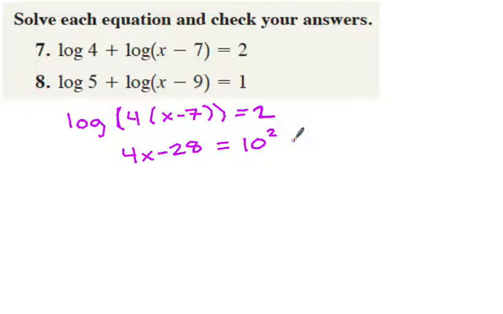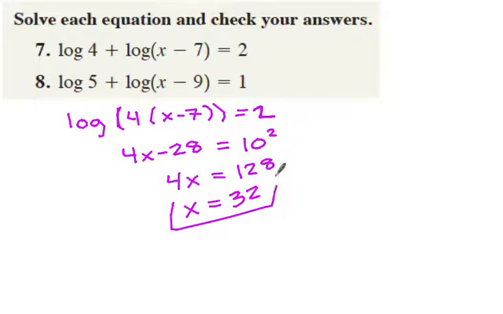And so we're back to a regular algebraic equation. So now we have our 4x equals 100 plus the 28 we'll add over. Okay, so we end up with 128. And then we can divide by 4, so we'll see that x equals 32. I don't even need a calculator for that. That's kind of nice.